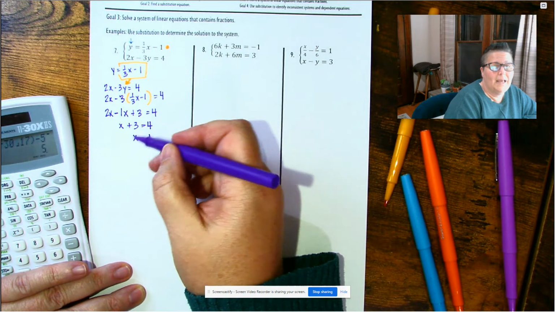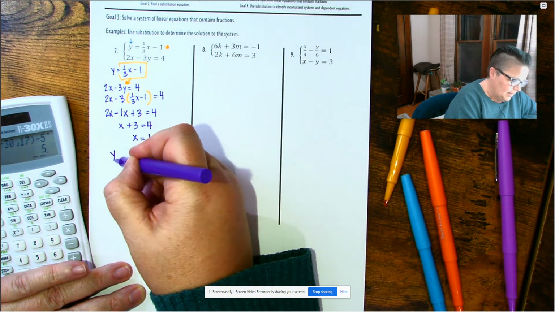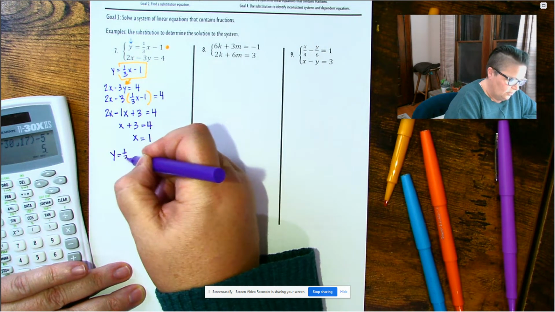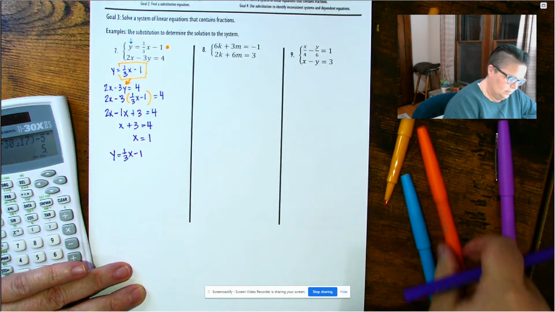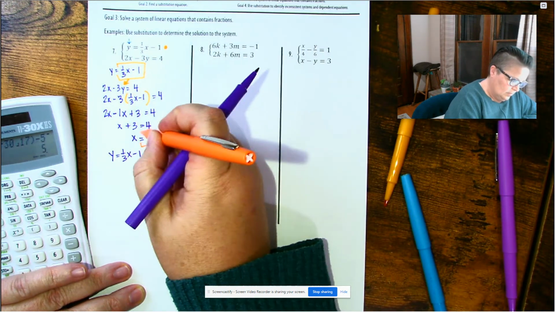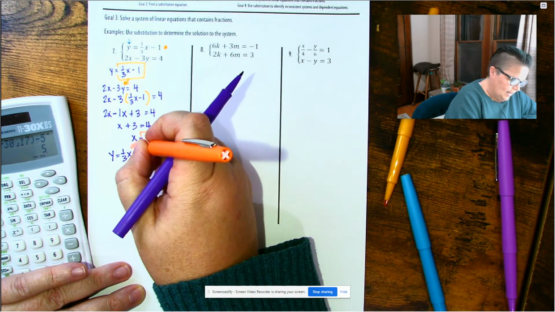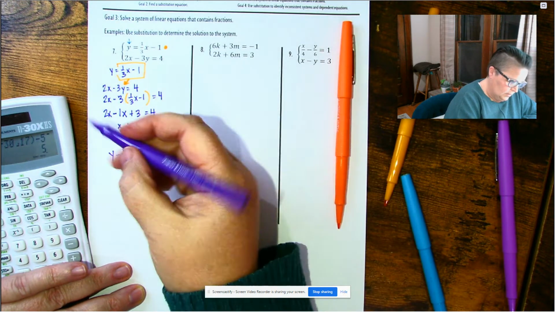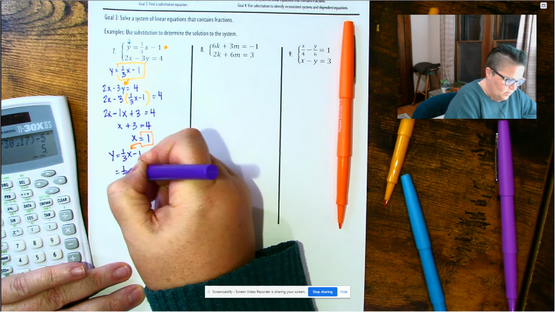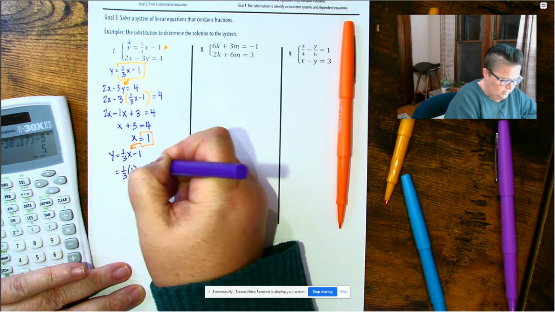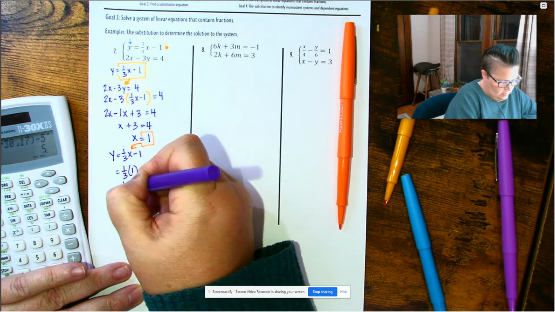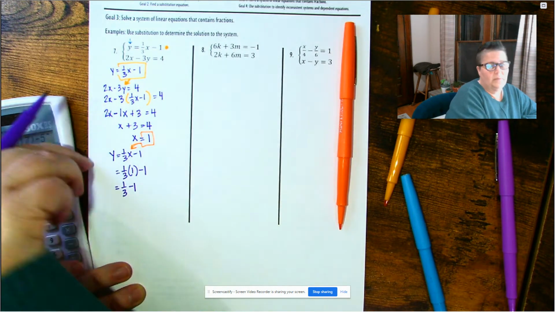Once I know what x is, I can put it back into y is equal to 1/3 x minus 1 for that x value. So I'll have y is 1/3 of 1 minus 1, or 1/3 minus 1.